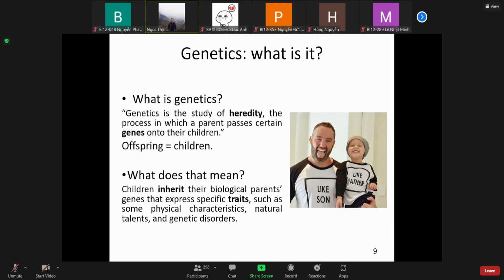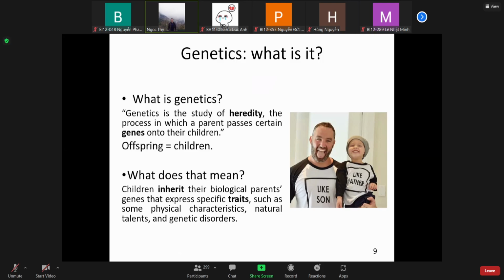Normally, tall grandparents and parents will tend to have tall offspring, or the hair color, or the eye color, the blood group, and sometimes the phenotypic characteristic can relate to resistance or susceptibility to a certain disease, for example, like type 2 diabetes or heart disease or cancer.